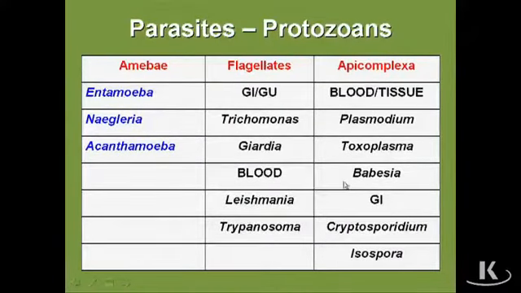Now the apicomplexa, we're typically talking about Plasmodium, which is malaria. That is always high yield for the boards. Toxoplasma is also going to be high yield for step 1 of the USMLE, and Babesia, okay. Babesia is also fairly high yield for step 1 because it causes co-infections with Lyme disease.